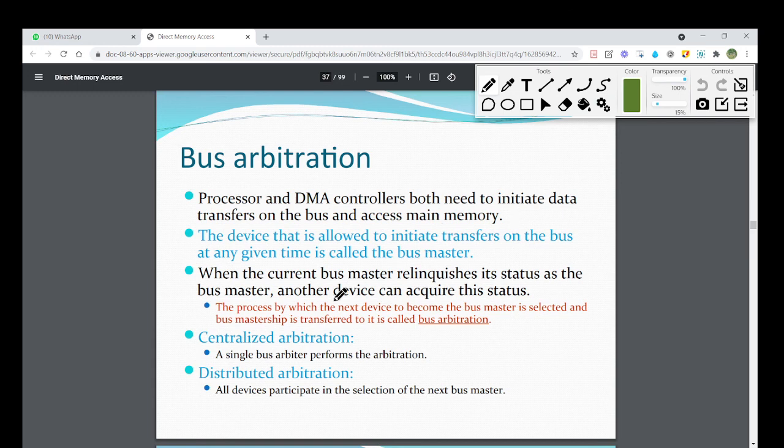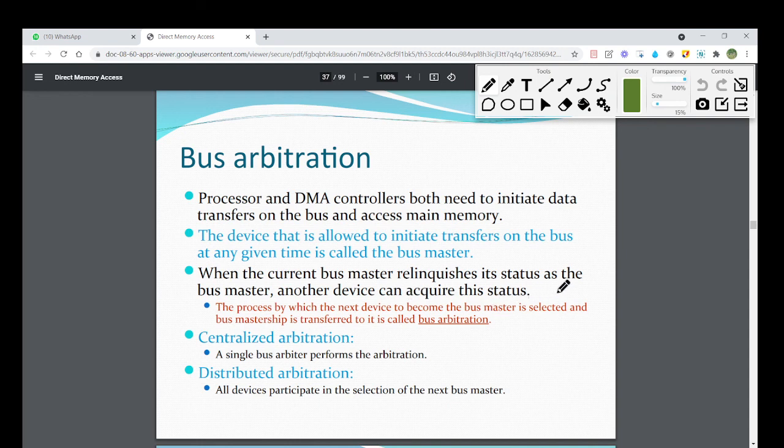The device that is allowed to initiate transfer on the bus at a given time is called the bus master. So what is a bus master? The one which is holding the bus. It can be any device. Any device which holds the bus for transmitting is called the bus master. When the current bus master relinquishes its status, another device can acquire this status.